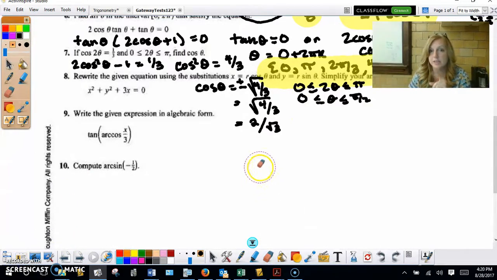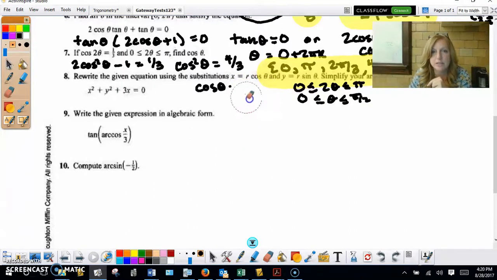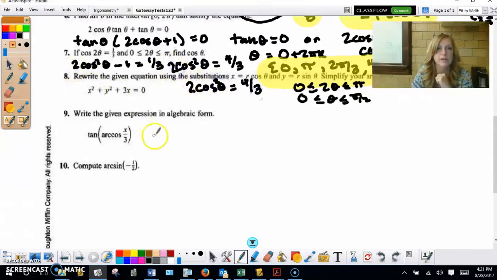And I made another mistake on this. I forgot, I'm just going to come back and erase this part of it. I had 2 cosine squared theta equals 4/3. I forgot my 2 when I had over here. And then I divide by 2, which is cosine squared theta equals 2/3.